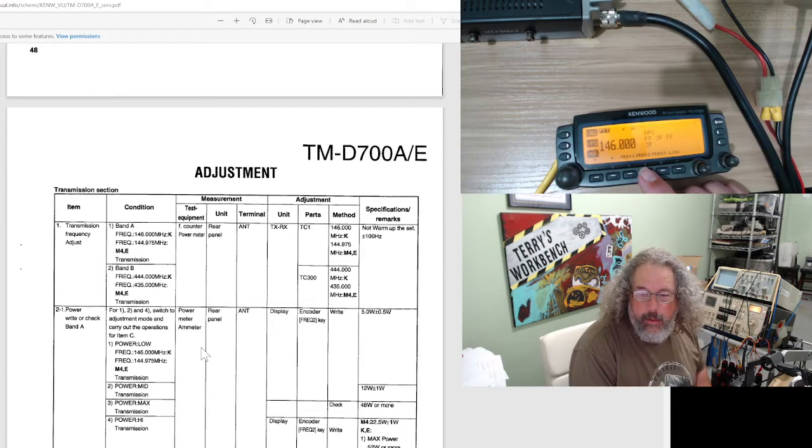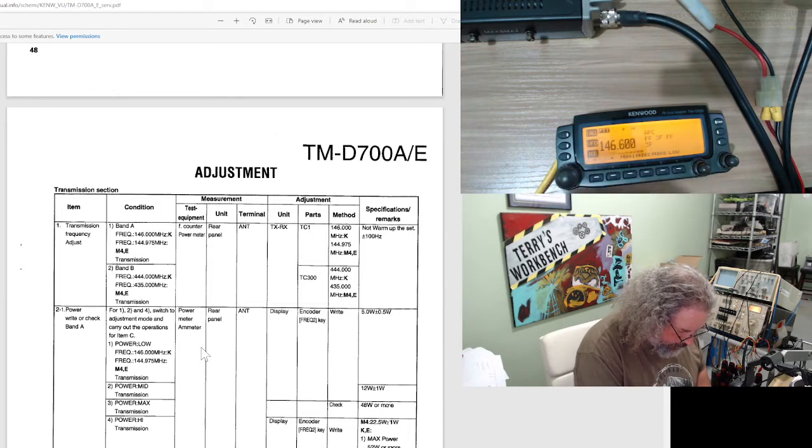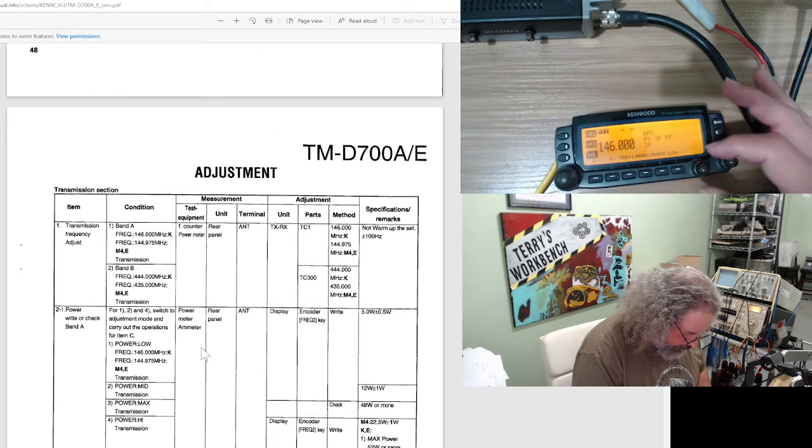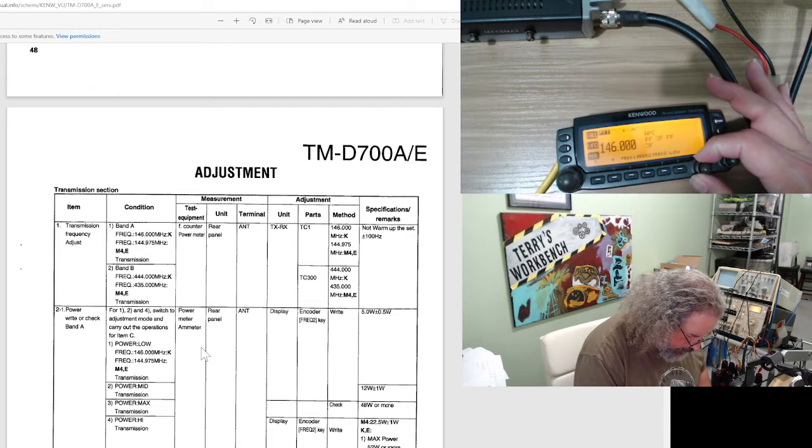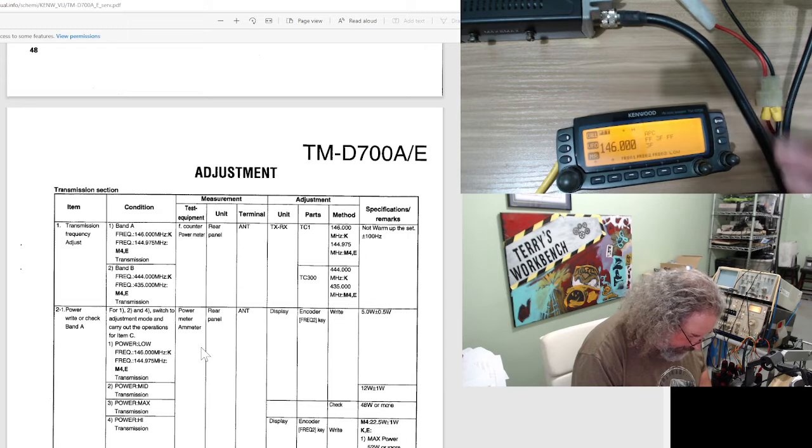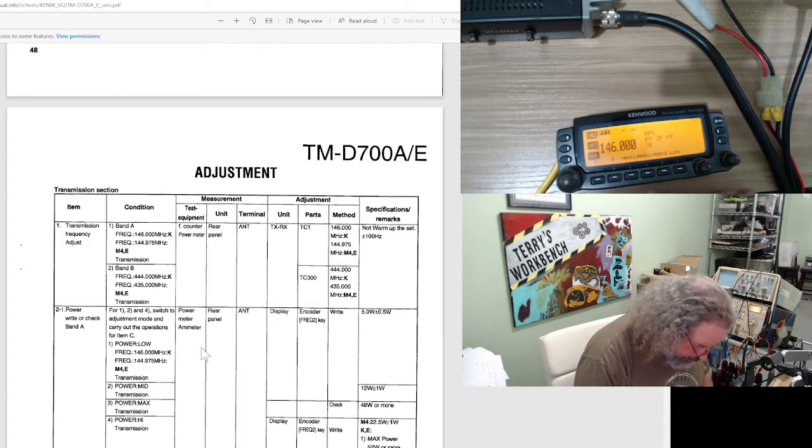All right. I'm not sure what adjusts that. How does one adjust that?